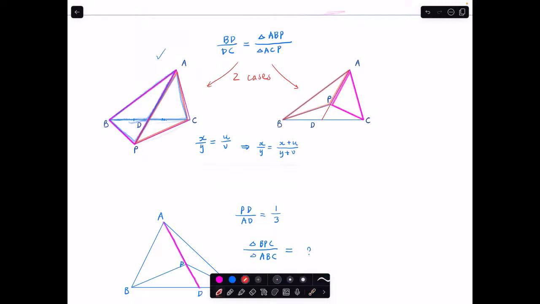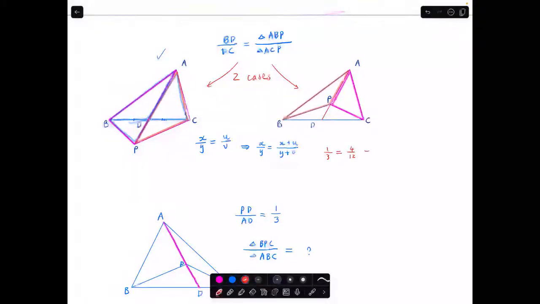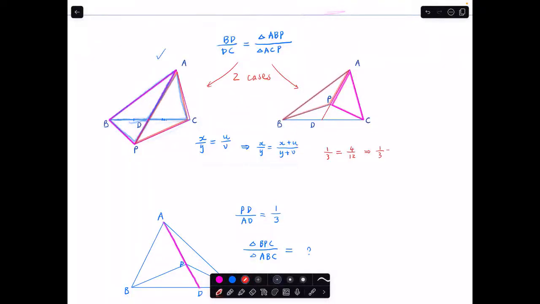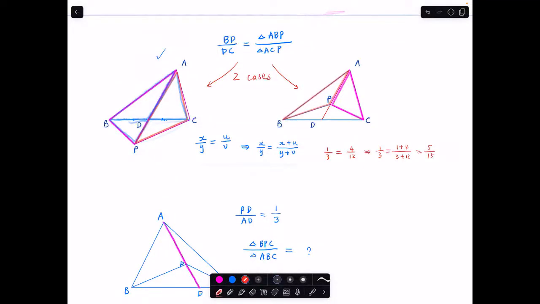For example, if you have 1 over 3 equal to, say, 4 over 12, when you add them up, it's going to be 1 over 3. It's going to equal 1 plus 4 over 3 plus 12, so this is actually 5 over 15, right? So this might be useful for you to prove this fact on the left-hand side. On the right-hand side, you have something similar.